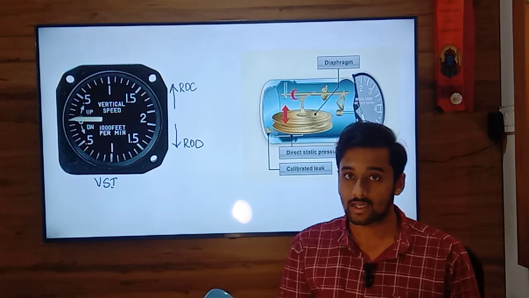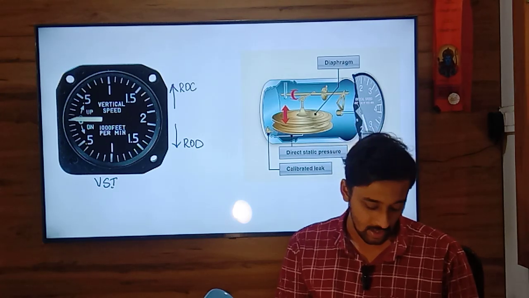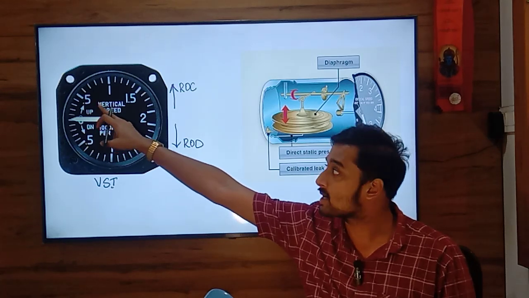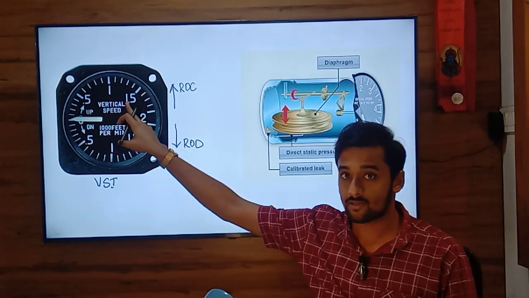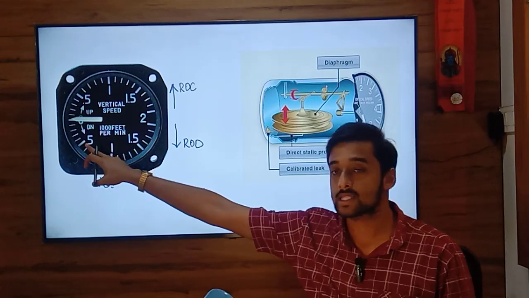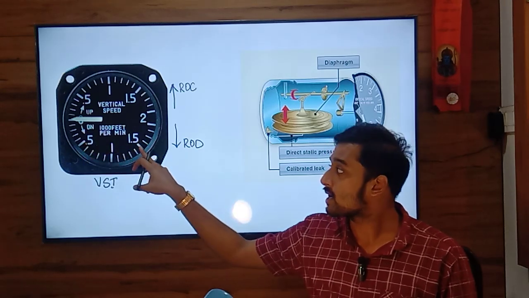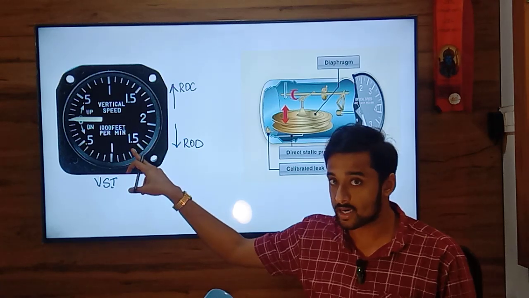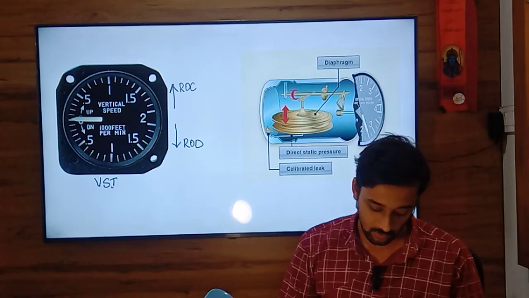So that is your VSI basics. 5 means 500 feet per minute, 1000, 1500. Same for rate of descent: 500 feet per minute, 1000 feet per minute, 1500 feet per minute, and so on and so forth.